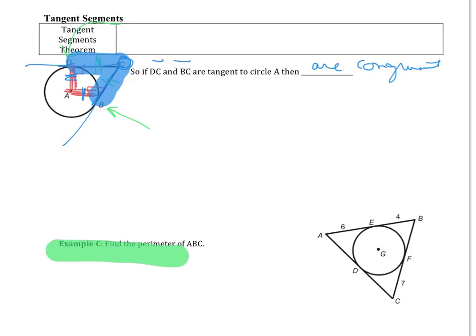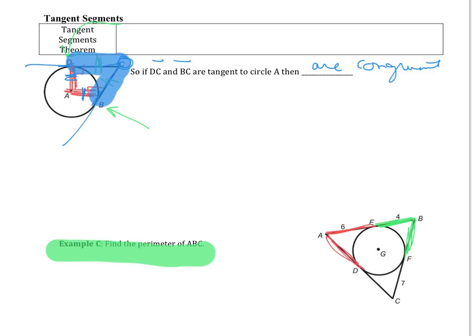For example, C down below. Find the perimeter of the triangle. And something students often miss in this particular idea is that if BE is 4, which other segment must be 4? BF. If segment EA is 6, which other segment has to be 6? DA.